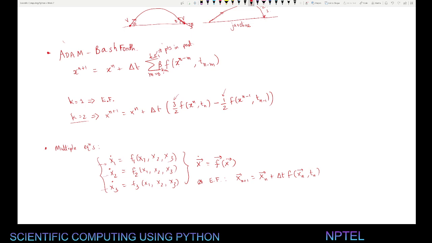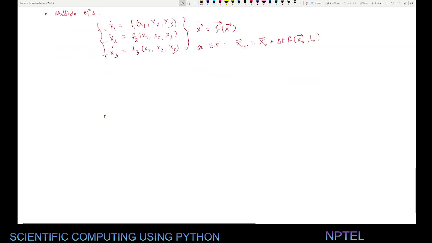So that was that. Then there were some examples. One is x double dot is equal to minus x. So this is an example of this. Why? Because you have to break it down into first order equations. Since this is second order, we have two equations of first order.